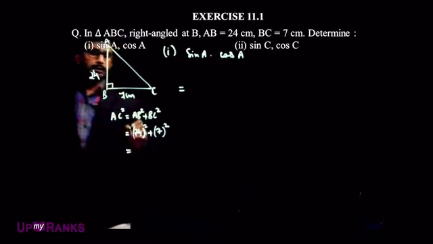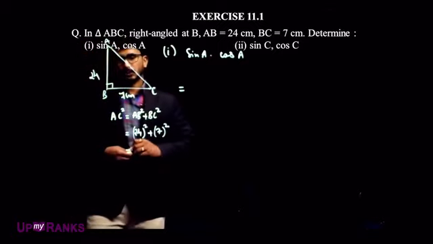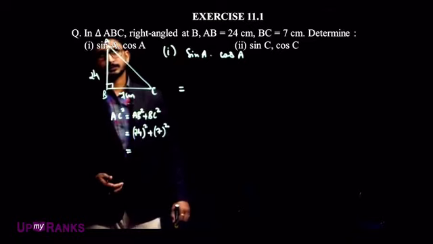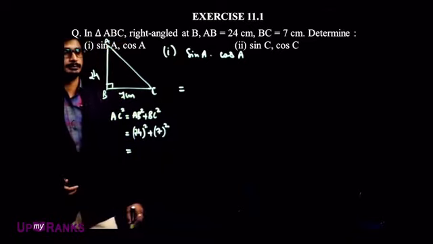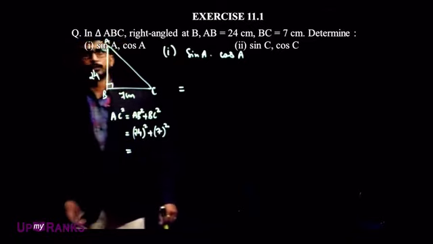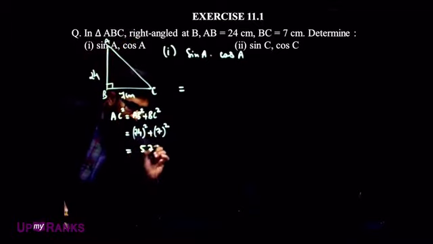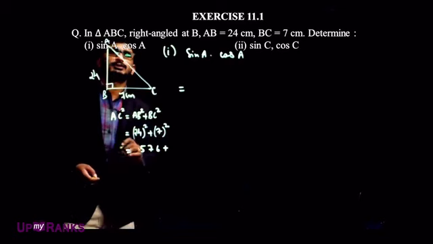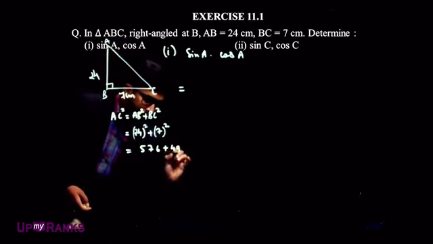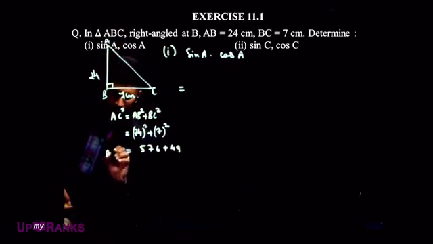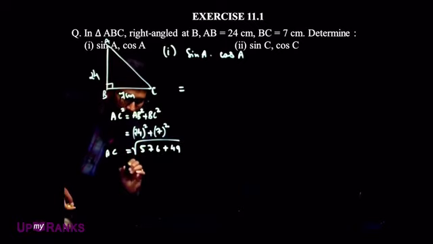So children, tell me what is 24 square? Square of 24 is 576 plus 7 square is 49. Therefore AC is equal to square root of this.